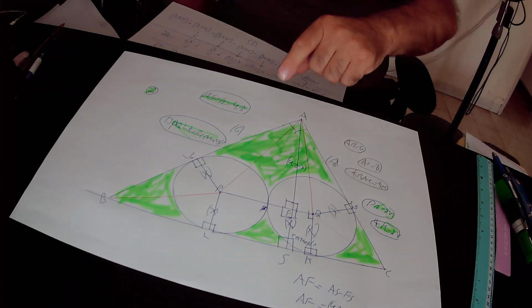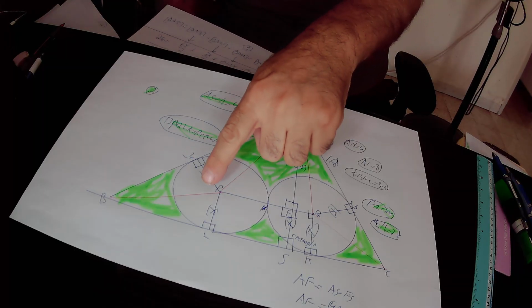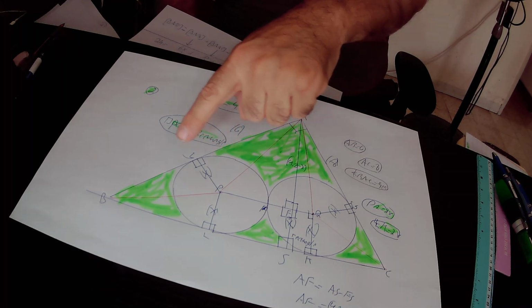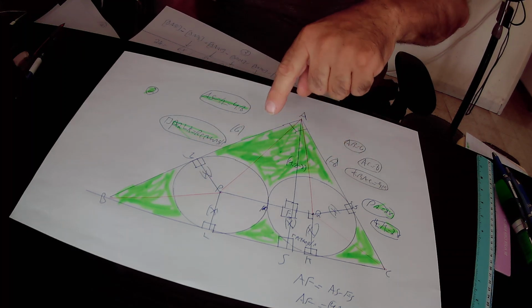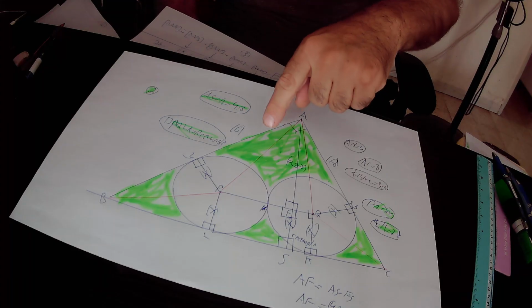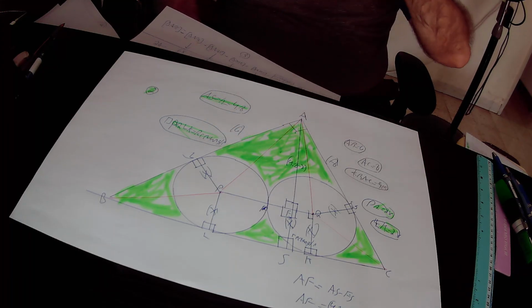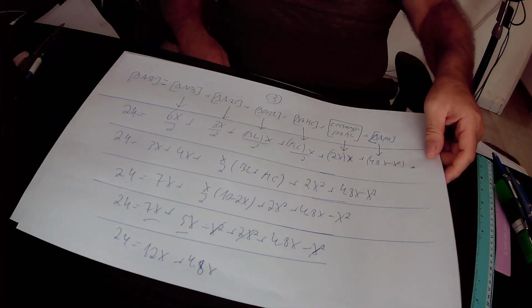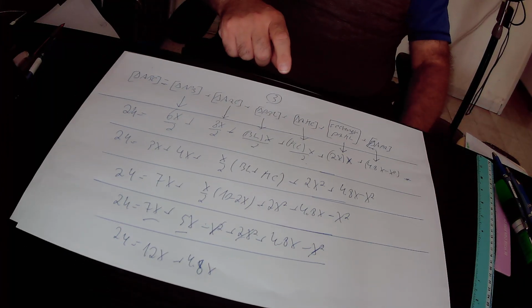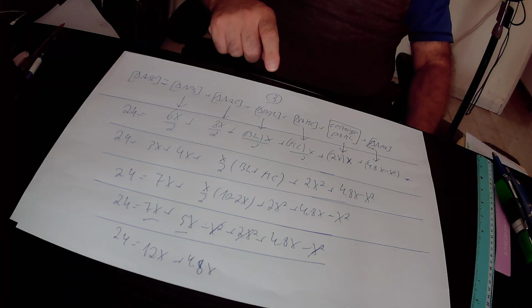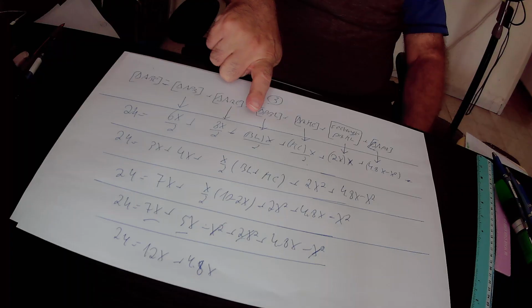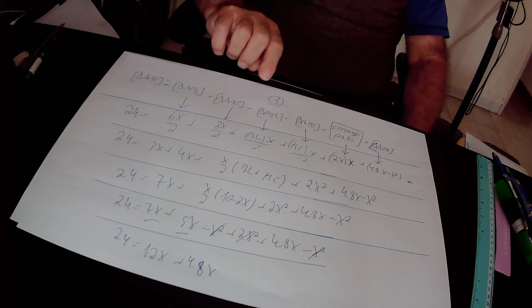Plus they have the third shape that triangle ABC consists of, the right triangle PBL. The right triangle PBL equals the base BL times the height LP over 2. LP is x, so in total it equals the base BL times x over 2. So the third shape is BL times x over 2.